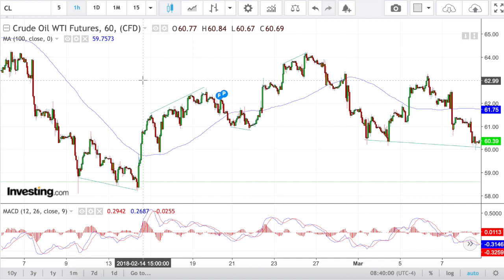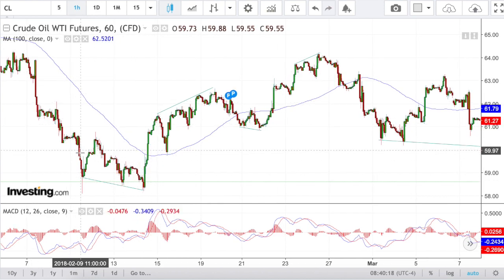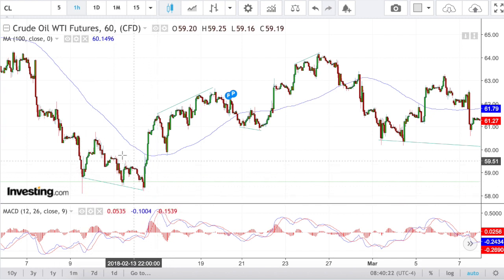So with that trading bias, we are only going to make long trades. As long as we are in an uptrend, we're not going to fight the uptrend, and we are going to continue making long trades. And we're going to do that using this simple divergence strategy that I've been talking about many times in my videos.